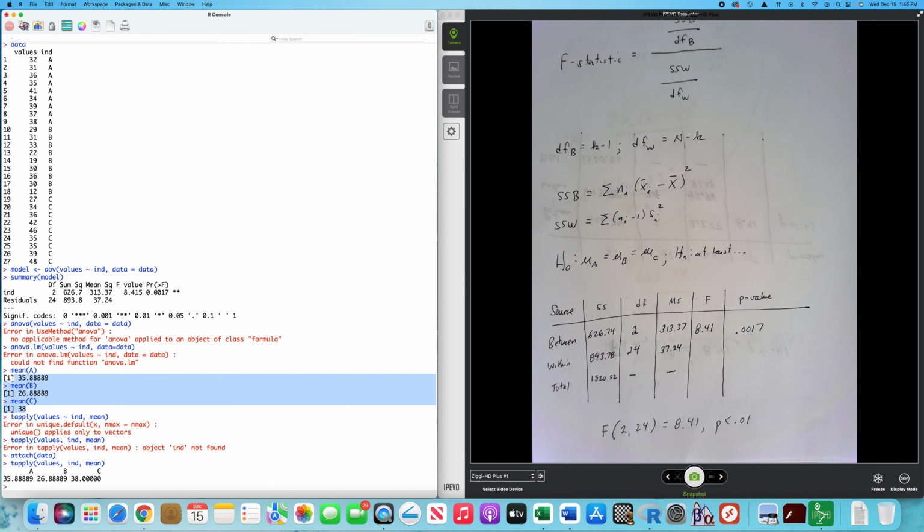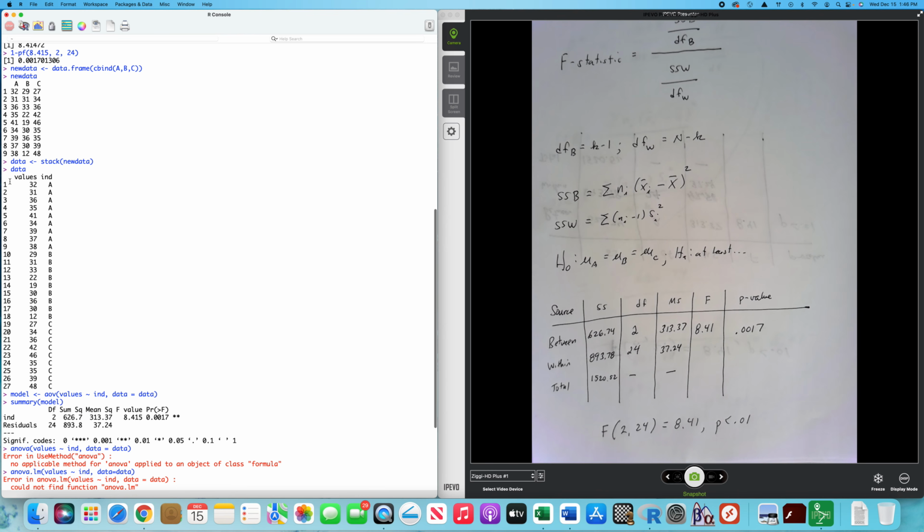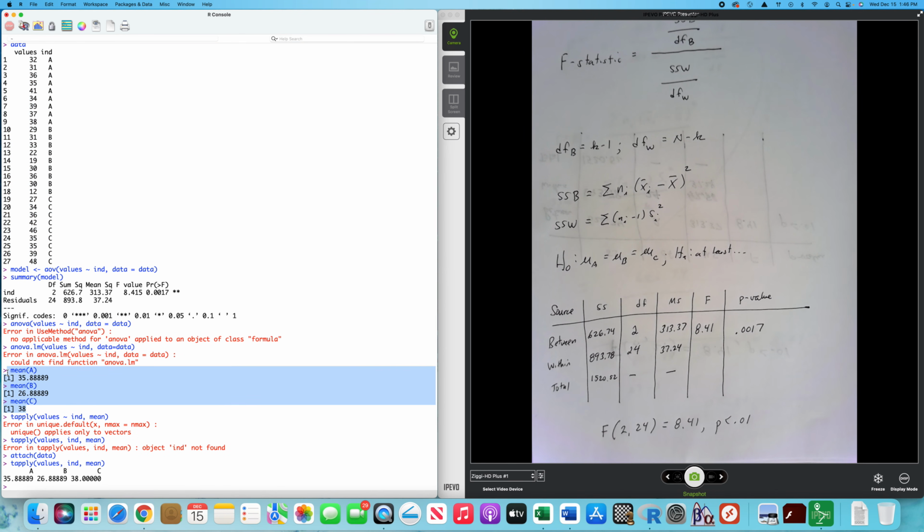The reason I was able to run mean A, mean B, and mean C here is because I have this command right here where the data has been attached. Typically, we won't have that. Typically, we'll just have our data set in this format. So obviously, if I ran this command with the data in this format, I wouldn't get anything. I would have to run the tapply. And because I didn't attach the data set, I couldn't run the means on the values across each category.